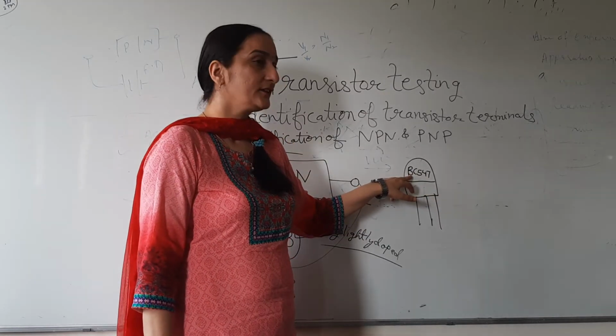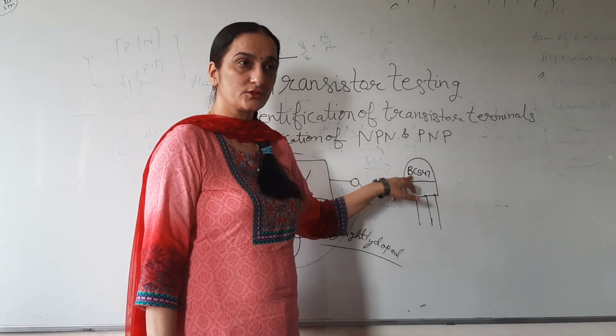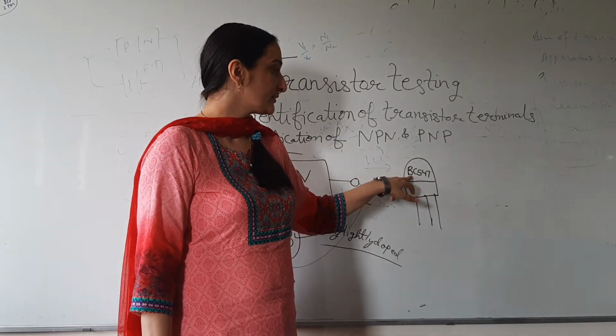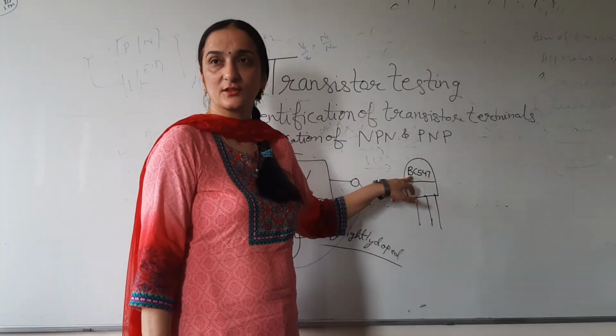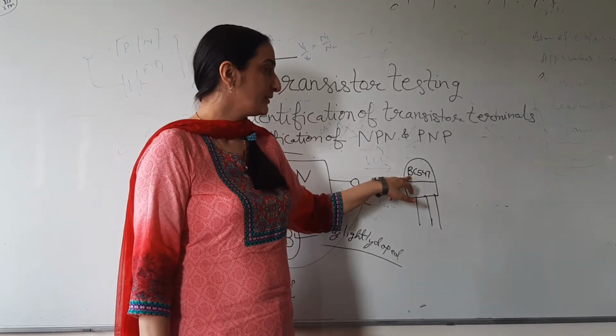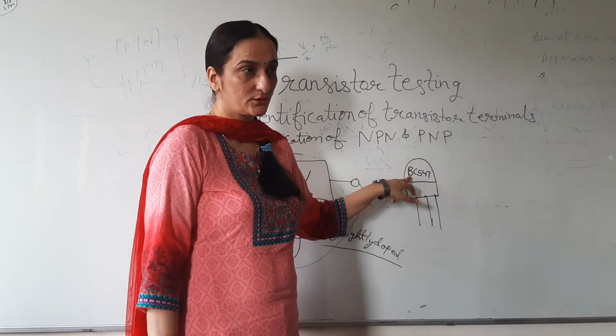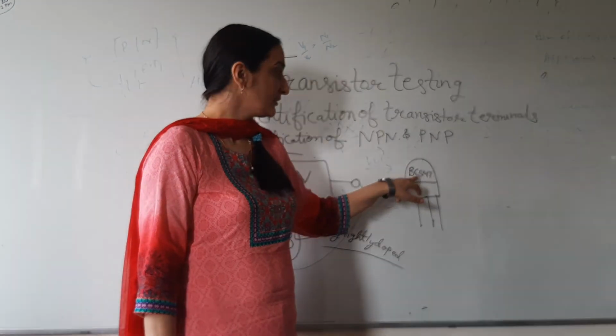The first letter indicates the type of material used. If it is A, it means germanium is used for making this transistor. If it is B, it indicates that silicon is used.